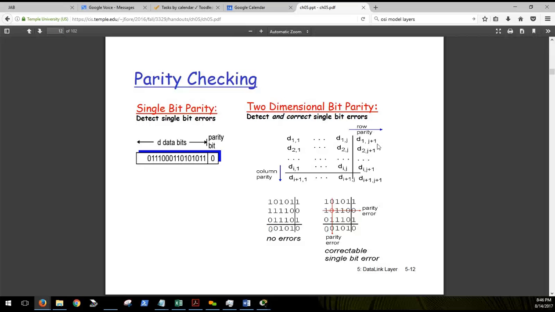So that's all you have to remember. Two-dimensional bit parity will both detect and correct single bit errors, while single bit parity only detects single bit errors. You see the difference? So the two-dimensional one detects and corrects single bit errors.